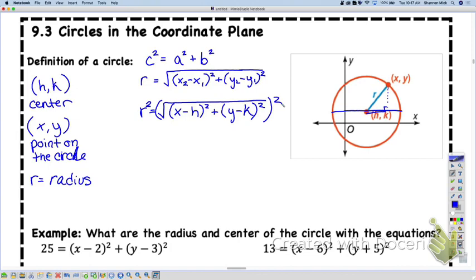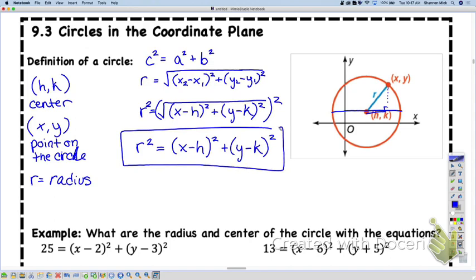So I have r squared equals x minus h squared plus y minus k squared. This is the definition or equation of a circle. So what is r?